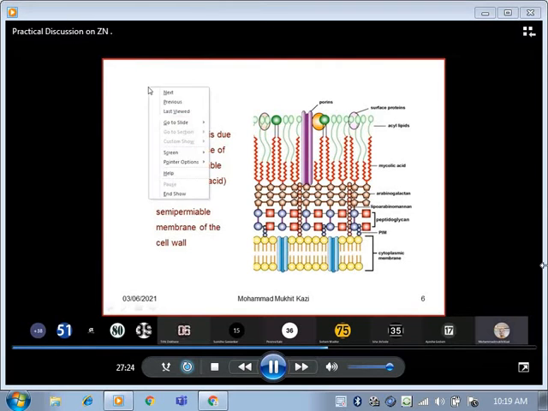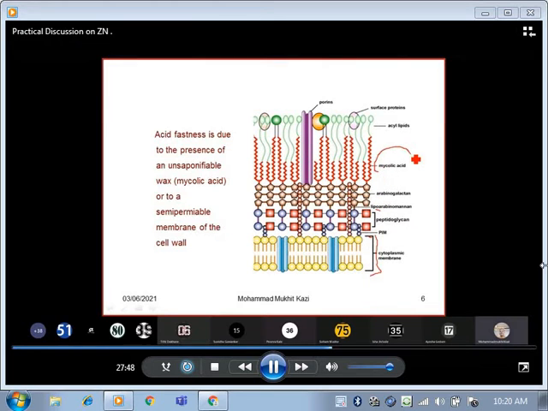This is one of the beautiful slides we have for studying the cell wall of the Mycobacterium. You can see here, this entire part is the cytoplasmic membrane. Then they have the peptidoglycan, lipoarabinomannan, and then arabinogalactan. This is the mycolic acid, which makes them very sticky.